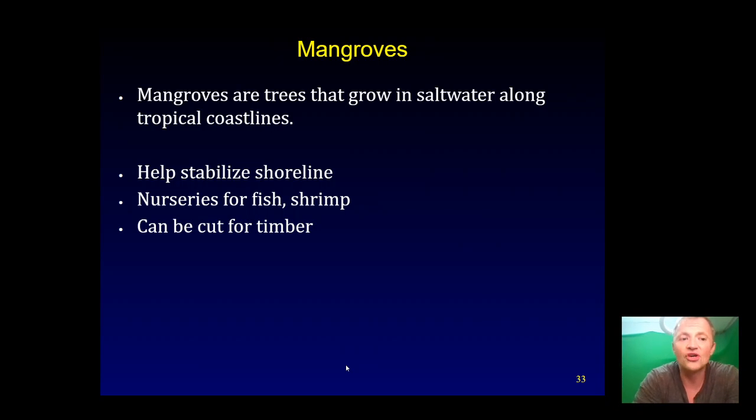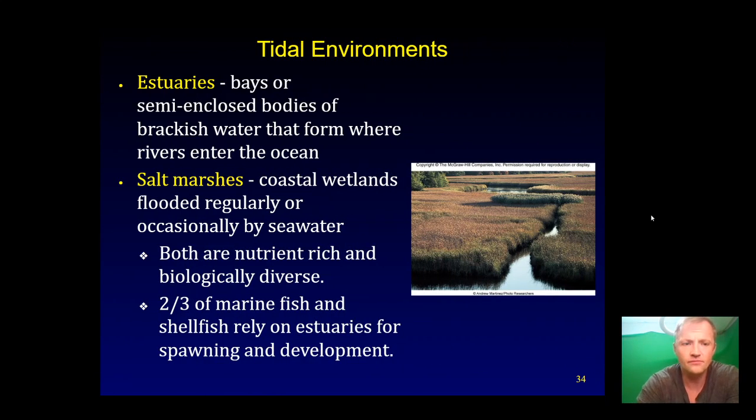They're great nurseries for fish and shrimp. Many shrimp and fish have their babies in mangroves. If you get rid of the mangroves, they can no longer reproduce. And mangroves can also be cut down for timber, for production value as well. So mangroves are highly important.